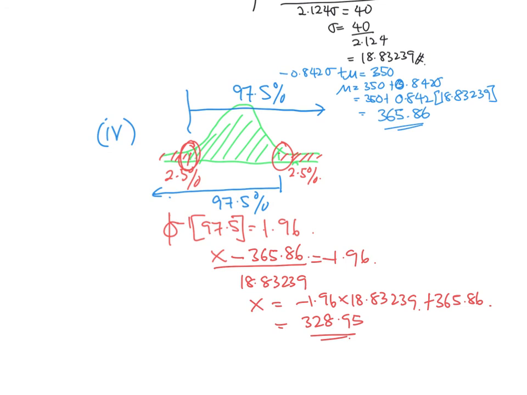So A equals 328.95, which is approximately 329.